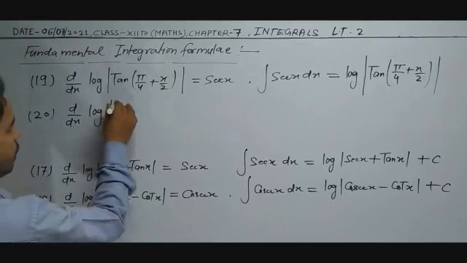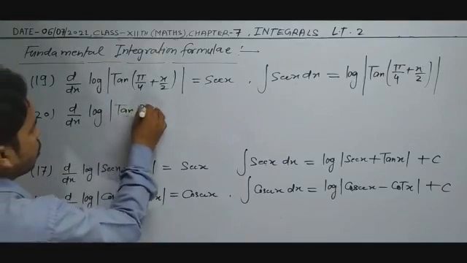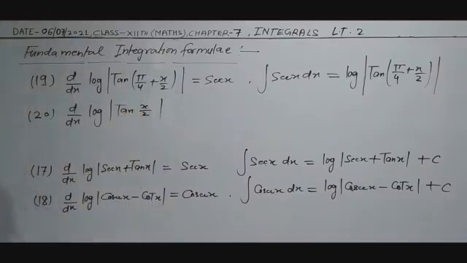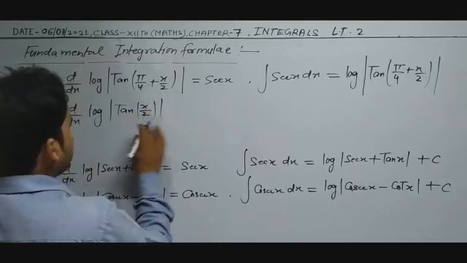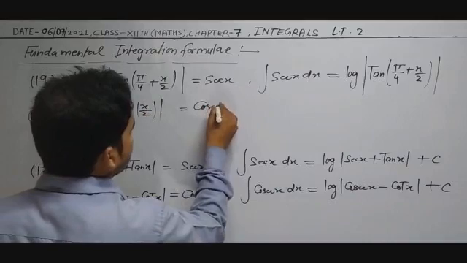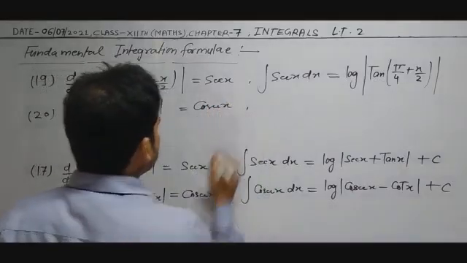So its result will be tan of x by 2, tan of x by 2. So the result is the same, cosec x.